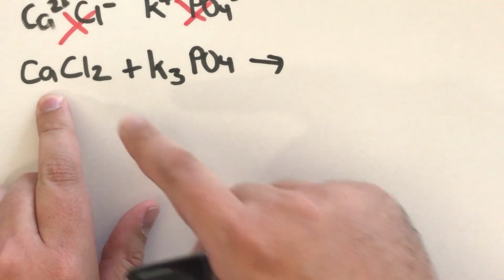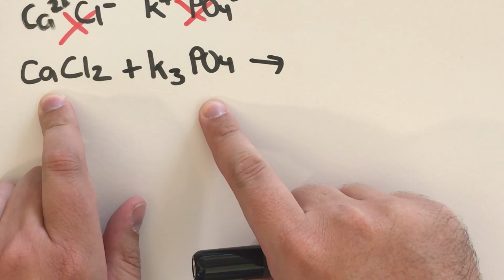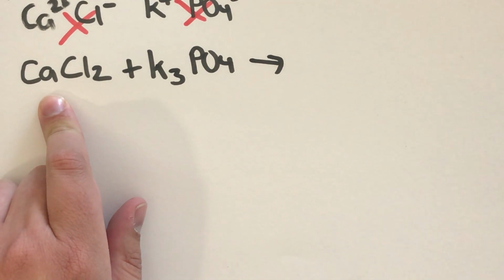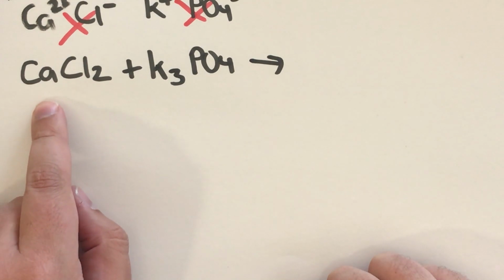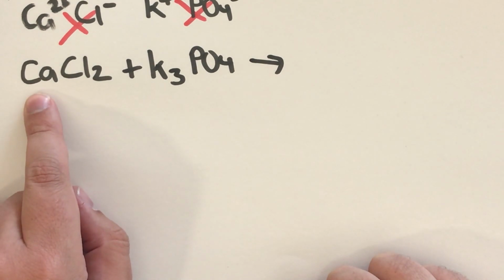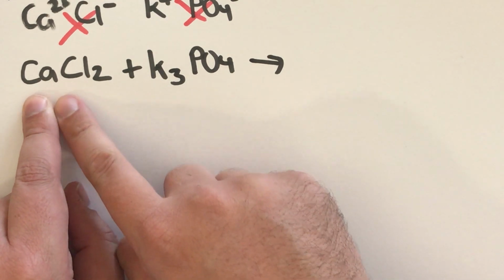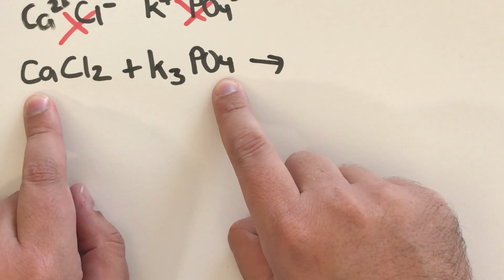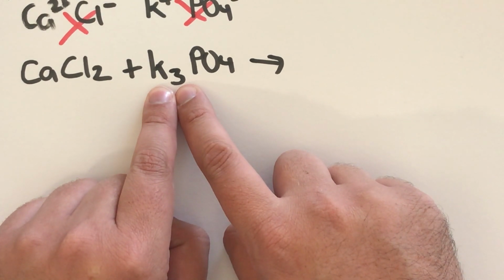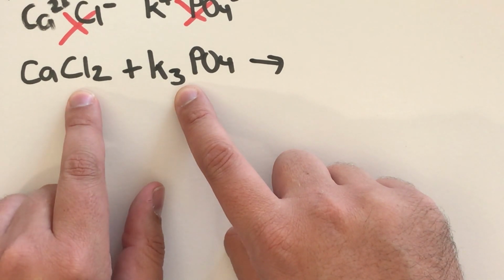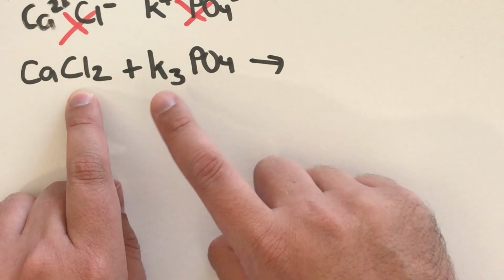Now when we're working out which goes with which here, the easiest way I think is just to take the cation from the first reactant and combine that with the anion of the second reactant, and then do the reverse. The cation of the second reactant with the anion of the first reactant.